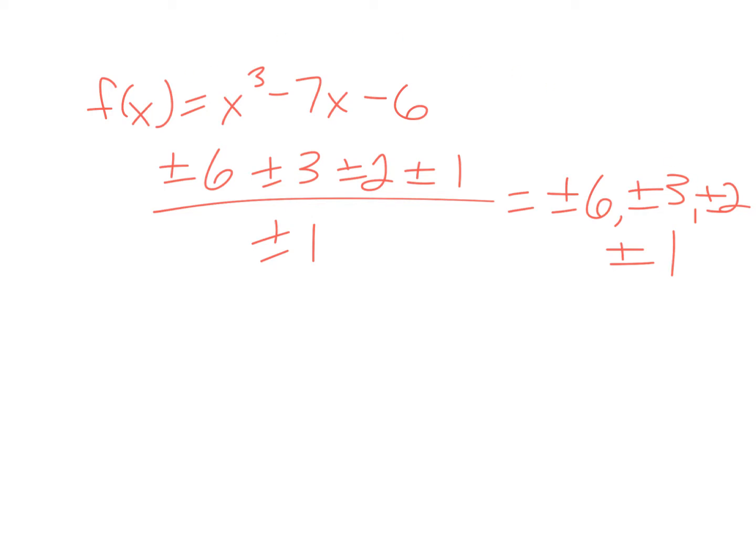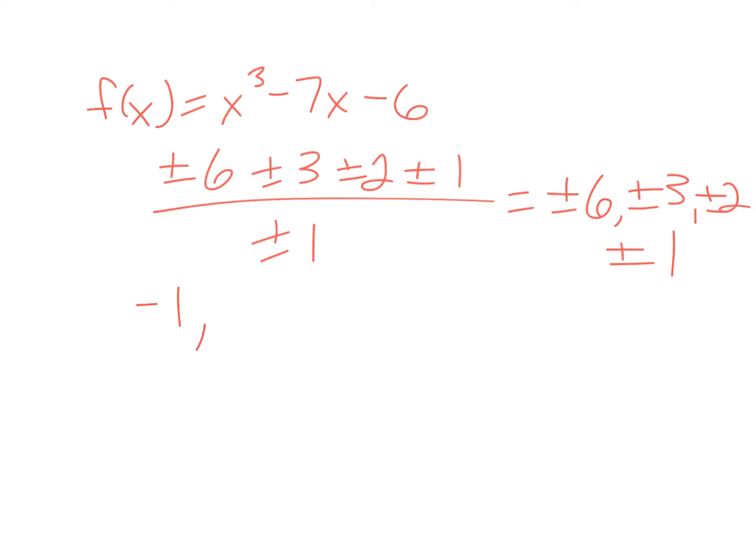So what we're going to do is take all 8 of these possibilities and plug them into this function. What I recommend you do, because that could take a while, you're like, oh no, that's going to take forever, Mr. Warden. Well, guess what? You can use your calculator, put this term in for f of x, and then plug all 8 of these into your table, okay? So, if we were to plug all 8 of those into your table, your answers will be -1 will work. Because what we're looking for when we plug these in, if you get an output of 0, it's a factor.